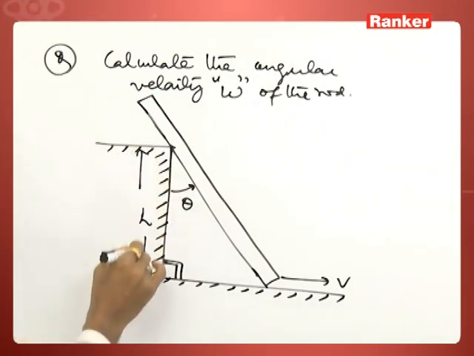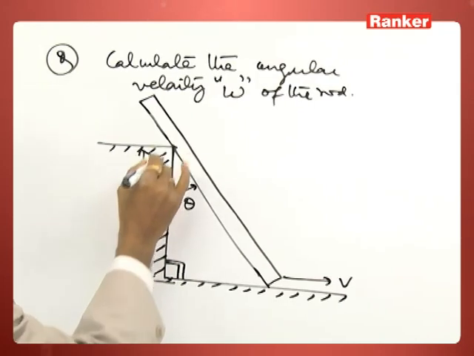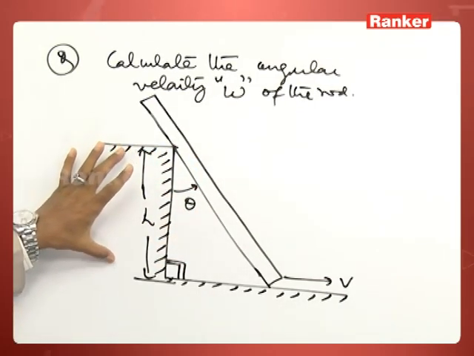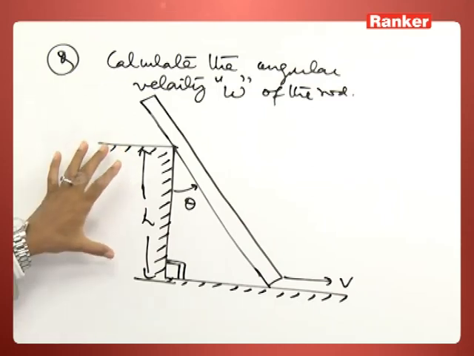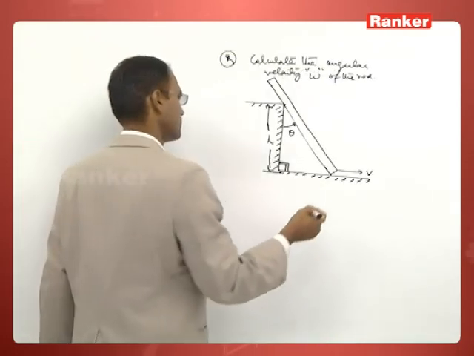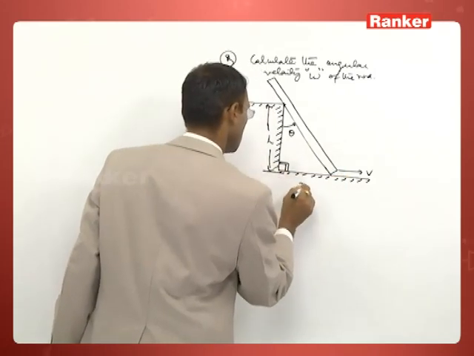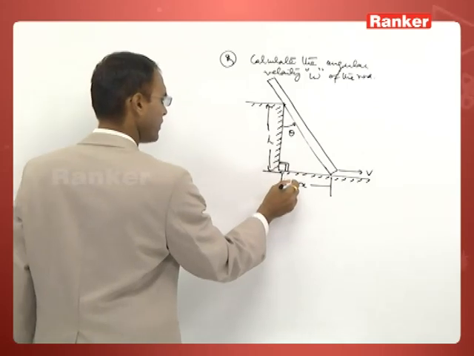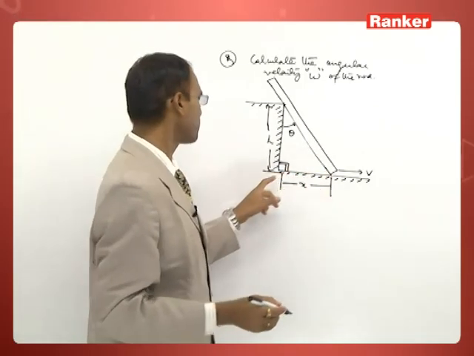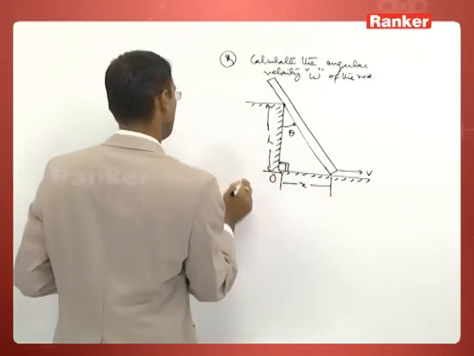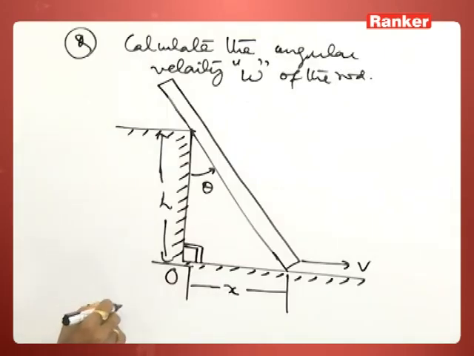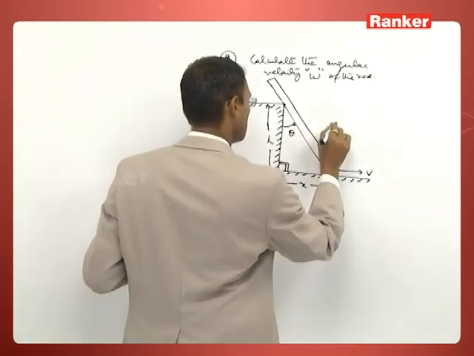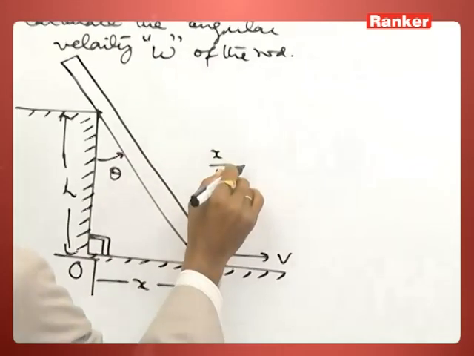If h is the height of this portion or the roof, we can write the position of the bottom point of the rod with respect to the origin as x.